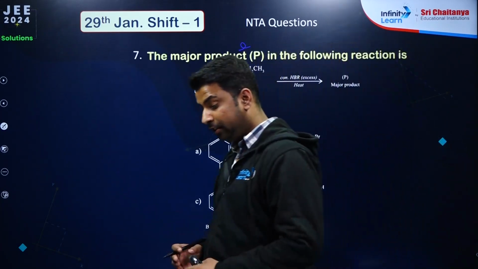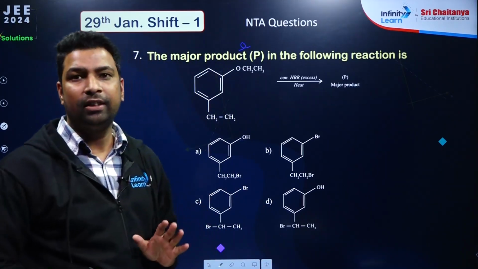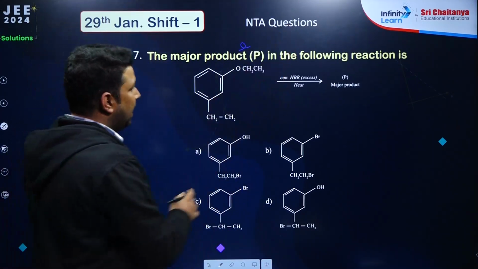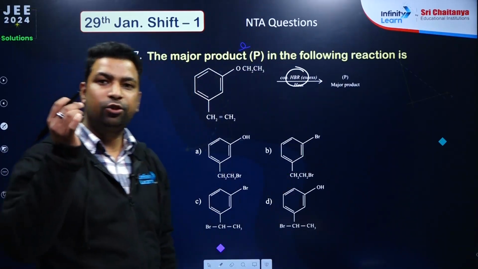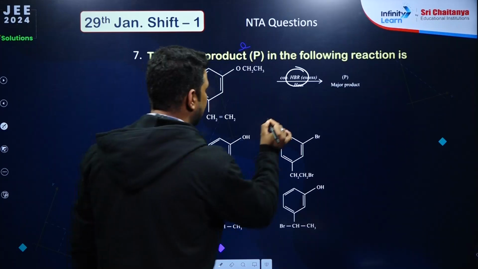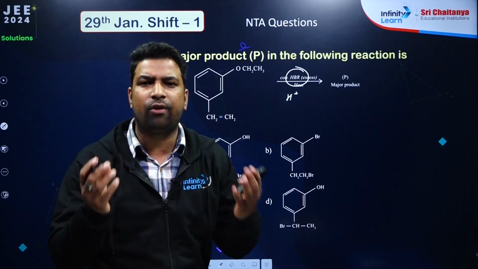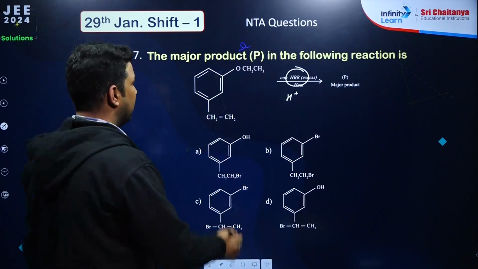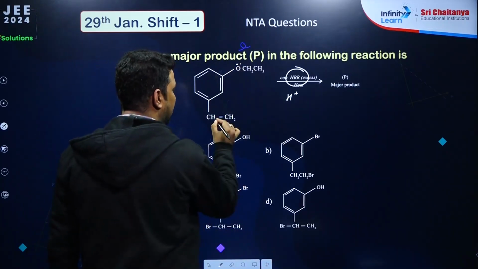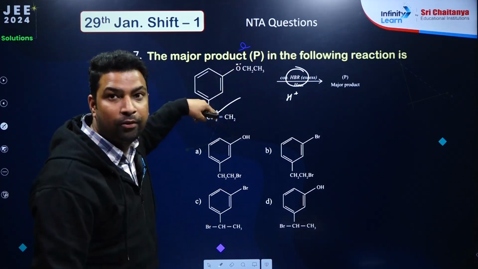This is a very beautiful question from organic chemistry, and it is totally based on NCERT. HBr is taken in excess. HBr is a strong acid. It donates H plus ion, which requires electrons, so protonation will happen. Oxygen has a lone pair and the double bond has electron density, so both of the functional groups will protonate.